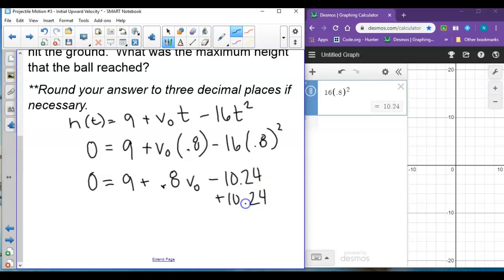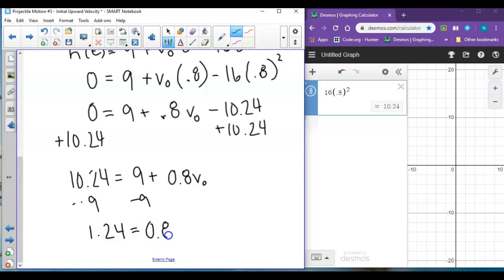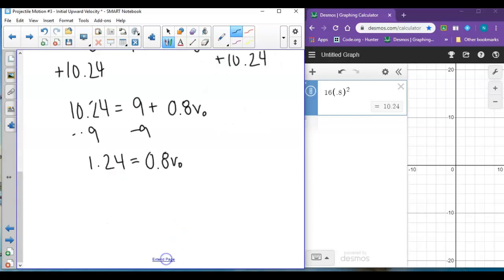So I'm going to add that 10.24 and add 10.24. And so that's going to give me 10.24 equals 9 plus 0.8 v sub 0. And I'm going to subtract the 9, which is going to give me 1.24 equals 0.8 v sub 0.